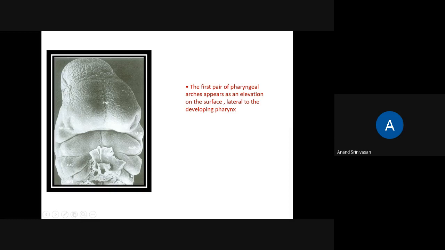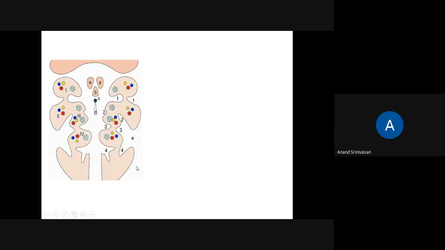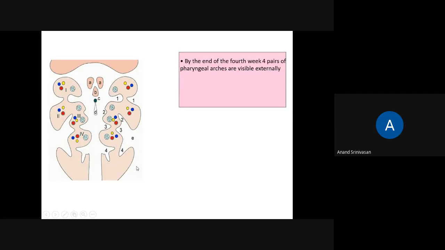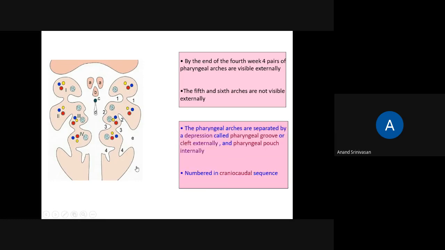Initially the neck has corrugations. Then what happens after the fourth week? The pharyngeal grooves disappear. The second pharyngeal arch extends to the sixth pharyngeal arch, making the neck smooth.